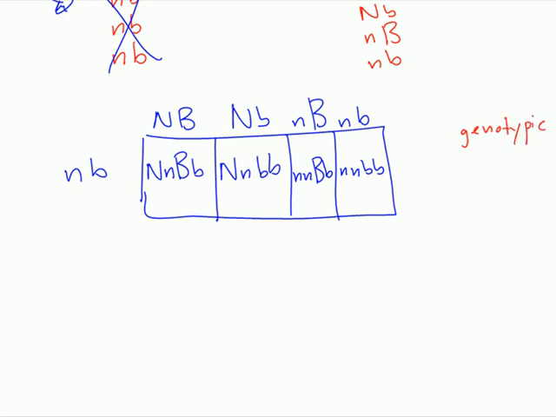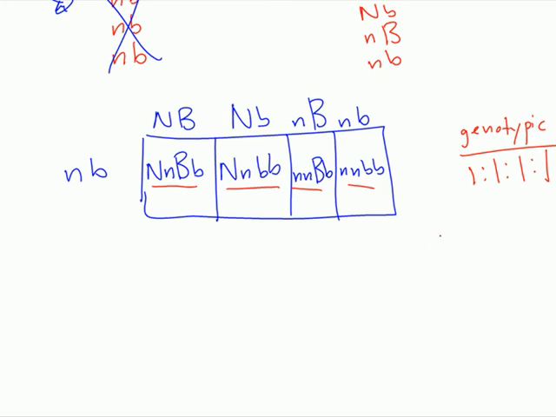Let's do the ratio. Is there anything that's the same here? No, they're all different, right? Every single one of these is different. So the genotypic ratio is 1 to 1 to 1 to 1.